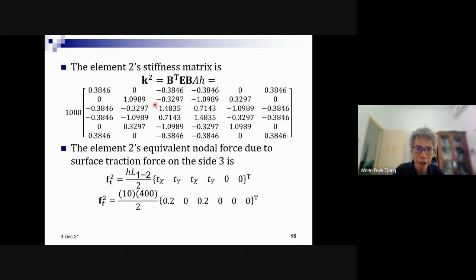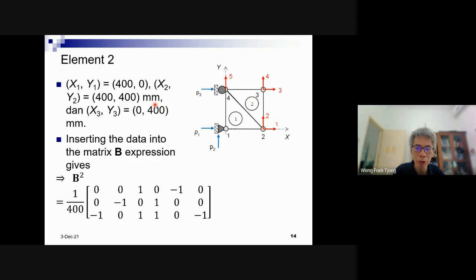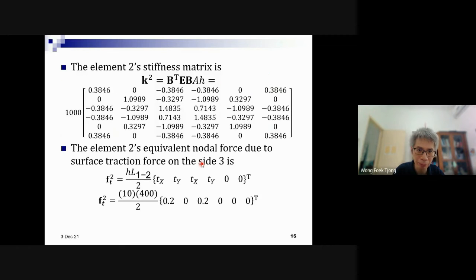Well, you see, for element number 2, not only should we compute the stiffness matrix, but we remember that it's subjected to a traction force here, surface traction. So we can apply the previous formula. That's constants, right? For the constants, we just apply this formula, okay? So the thickness is 10.